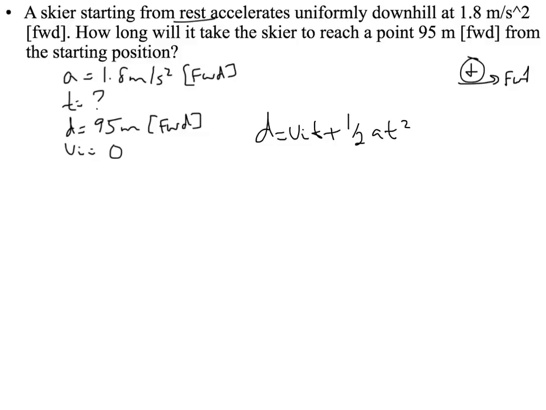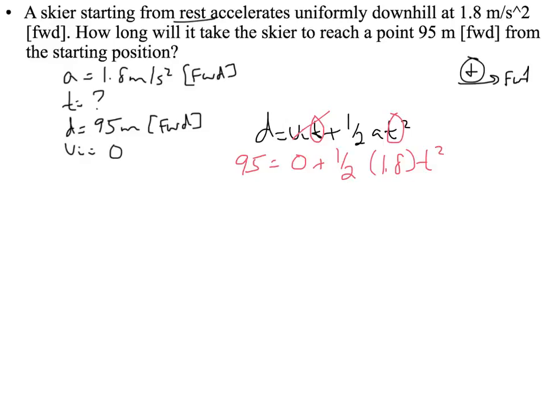Now, what we're looking for is T. This question would be quite difficult if VI wasn't equal to 0, but thankfully it is. So let's put the numbers in. 95 equals 0, so we don't need to worry about that part of the equation at all, plus 1/2, A is 1.8, and of course T is our question.